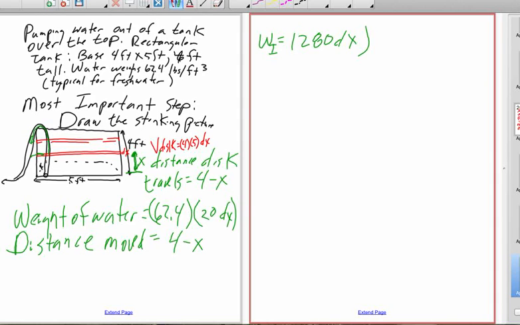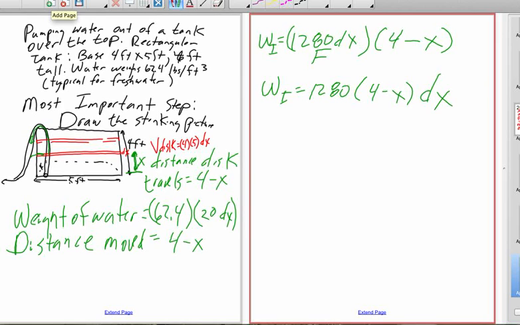That's my weight of my water, so this is my force. And then my distance is going to be 4 minus x. I'm going to rewrite this to make it a little nicer, 4 minus x, because we're used to seeing our dx at the end.